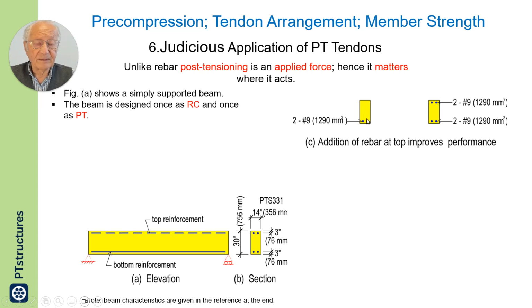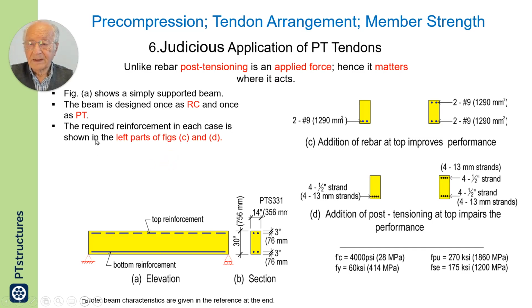Here in the diagram, I come up with two bars required by design, but I add the same two bars at the top also. So I have the design as required to resist the load, but in addition I have put the same amount of reinforcement on the other side.